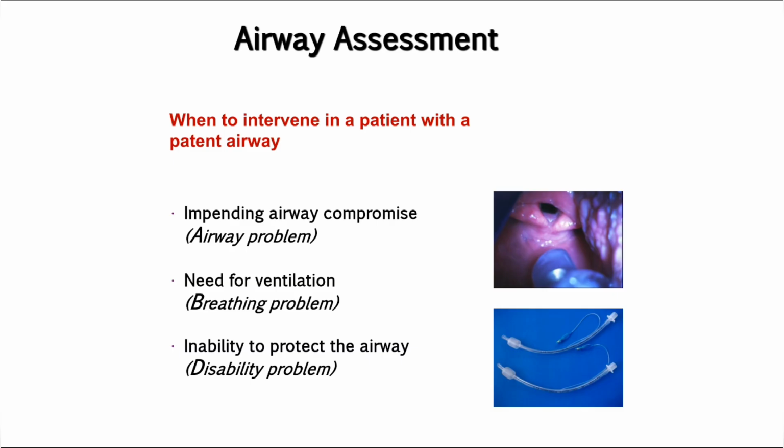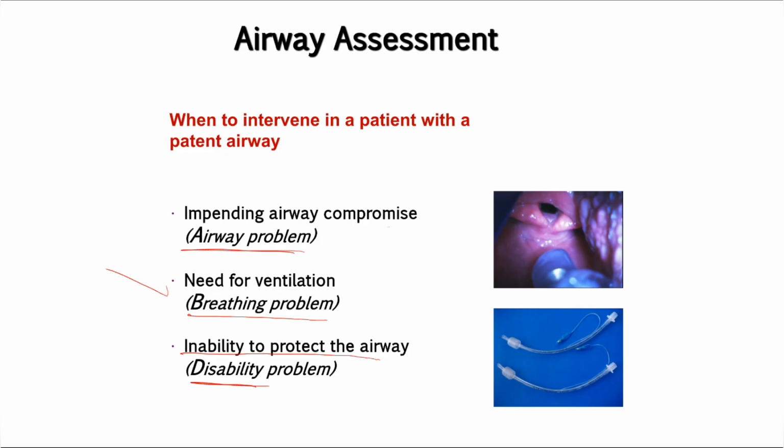When to intervene in a patient with patent airway? If a patient has impending airway compromise, so when there is airway problem, also you intervene the airway if the patient is not breathing well. So you may intubate the patient in order to give adequate ventilation. Also, inability to protect airway. Sometimes the airway is patent, has no problem. There is no swelling, nothing.